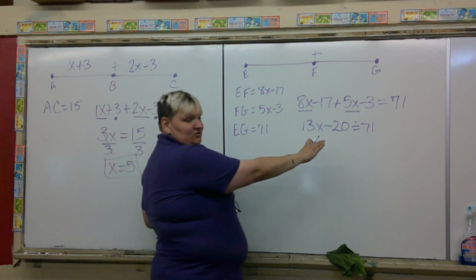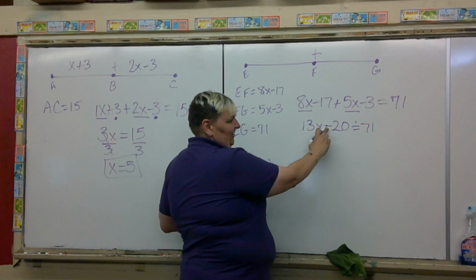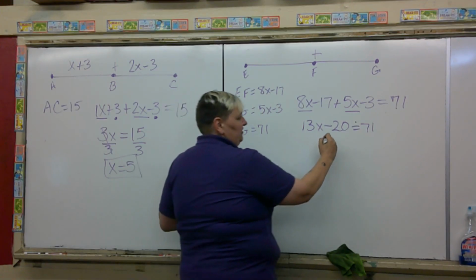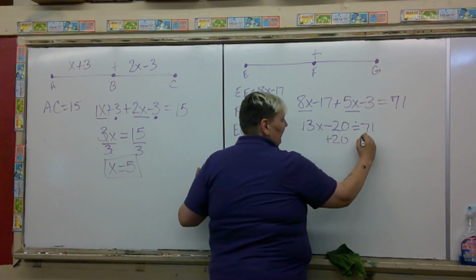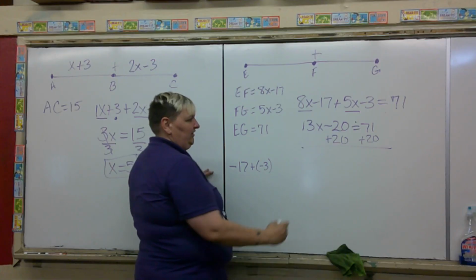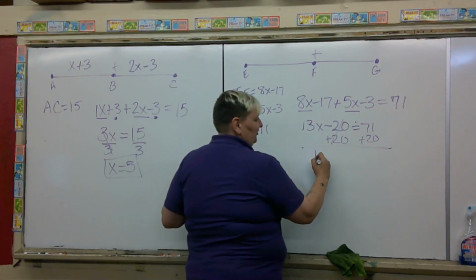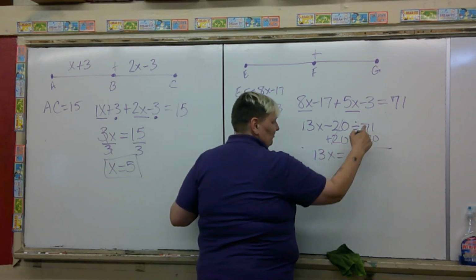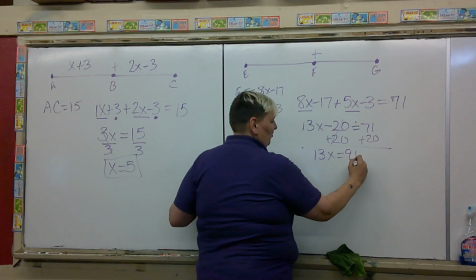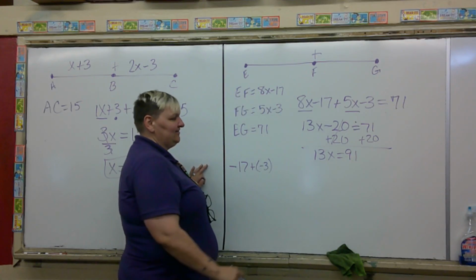Now it's just a basic two-step equation. You can do this. I showed you how. If it's a negative 20 constant, we're going to use the opposite, the inverse. We're going to add 20 to both sides. We're canceling that negative 20. Bam. Cancel. We're left with 13x equals 71 plus 20 is 91. Trying to isolate the x.